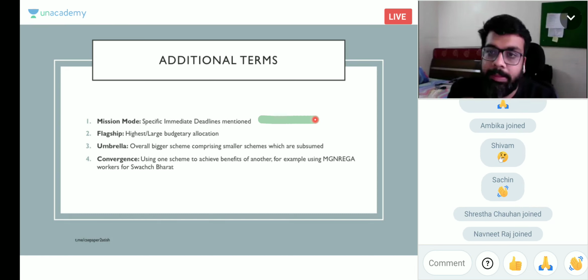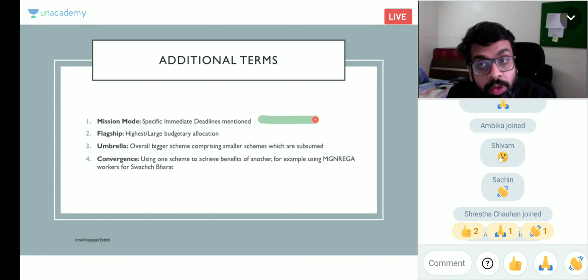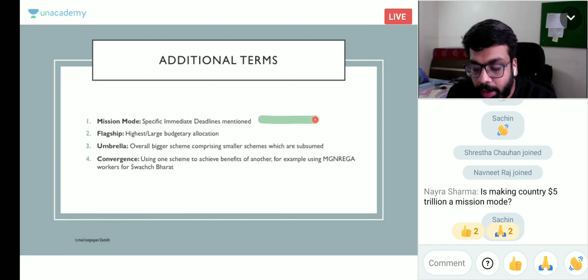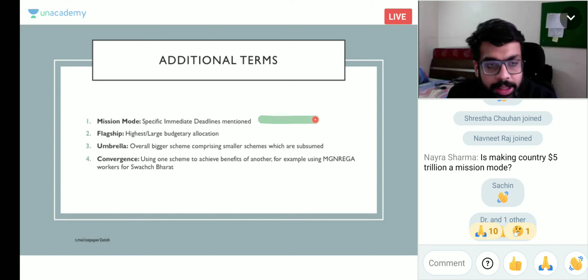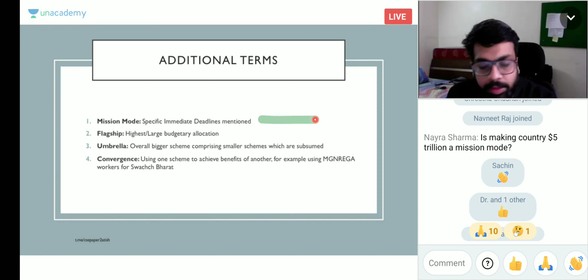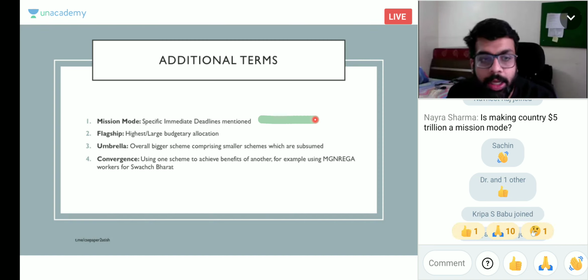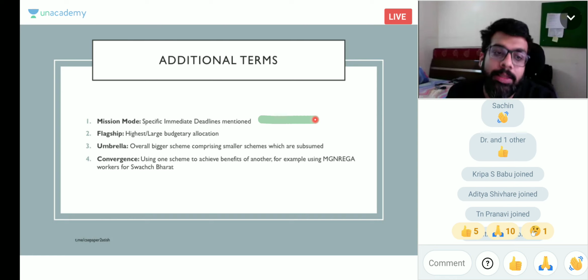You can put them together and you can club them into a larger organizational category called umbrella. Again, Samagra Shiksha is an umbrella scheme also, which basically means all your schemes around school education, which includes Sarva Shiksha, which also includes teacher education and Rashtriya Madhyamik, they've all been merged into a larger scheme called Samagra Shiksha.